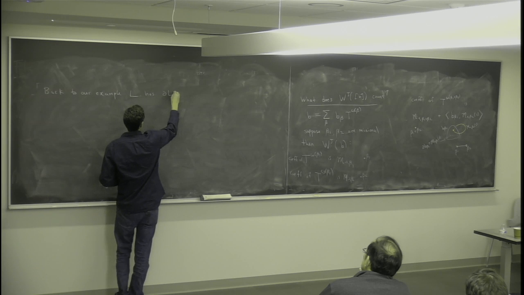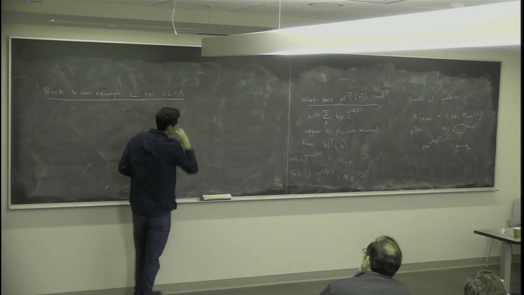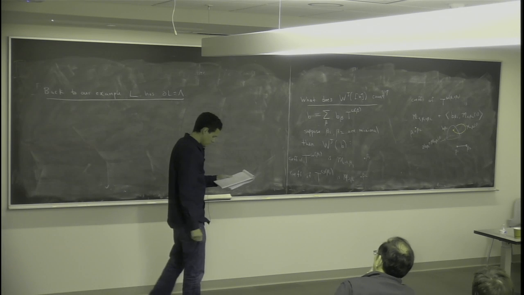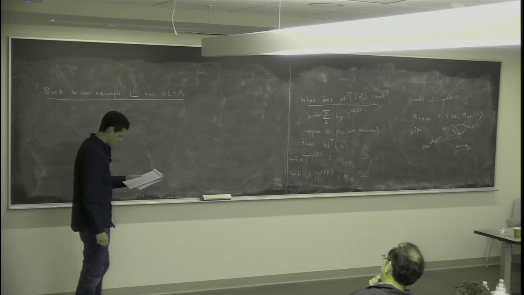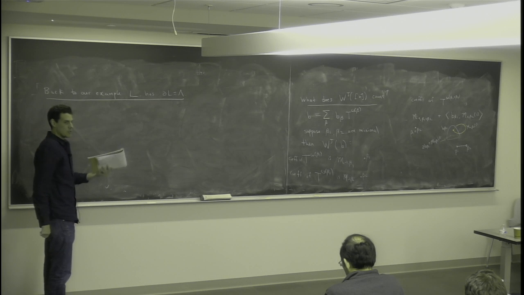We have to make some choices when we define these. The most important choice we have to make is a choice of splitting of the cohomology of the boundary of L.